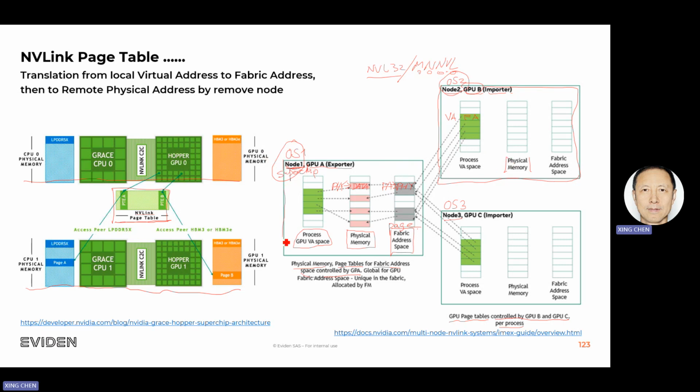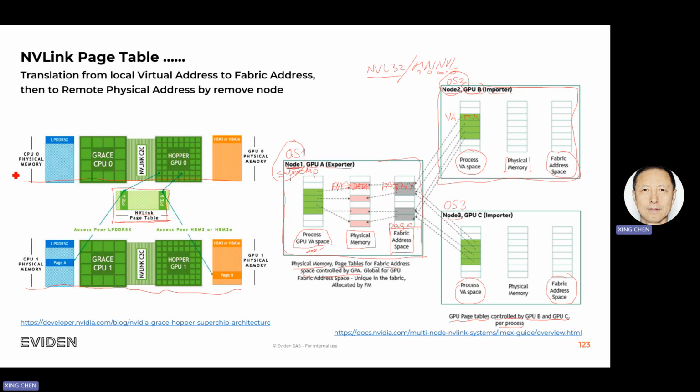You have one page table, and you should have another page table. You have one page table for the virtual address space, this one. You have another table for the fabric address space.